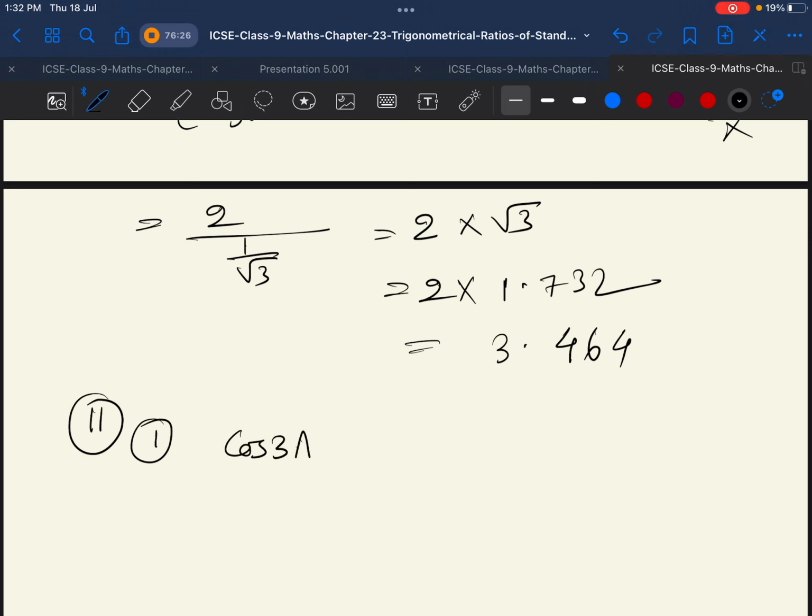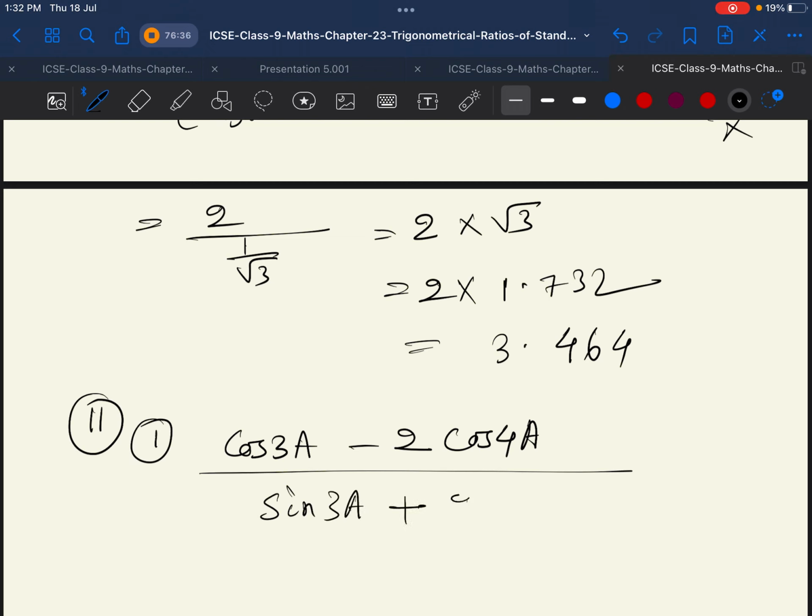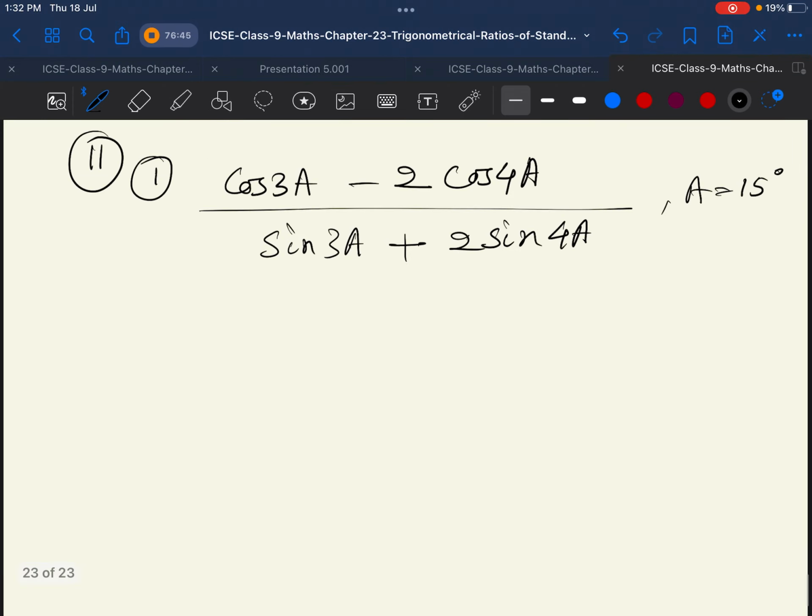First question: (cos 3a minus 2 cos 4a) by (sin 3a plus 2 sin 4a) when a equals 15 degrees.